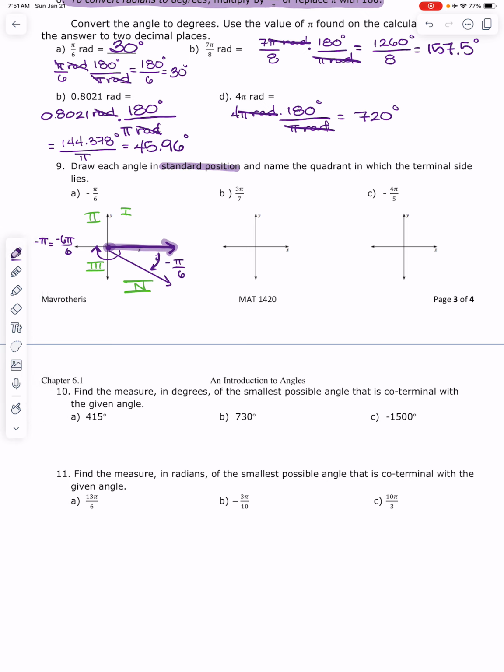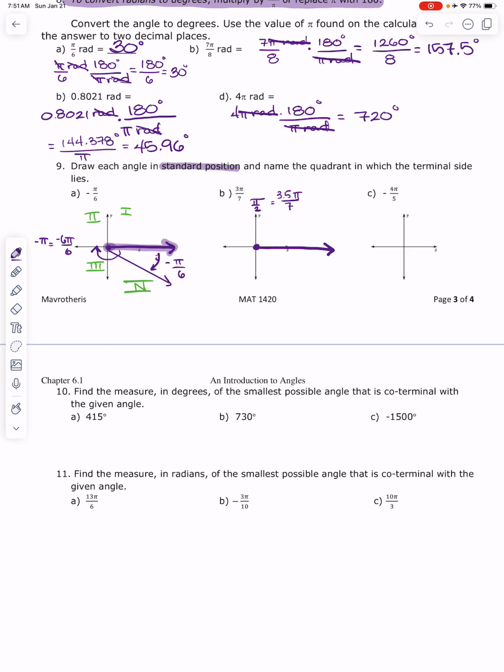3 pi over 7, again, we are starting on that positive x-axis. There's my terminal side. I need to do a little fraction comparison here. I know that 90 degrees is pi over 2. And even though it's not an official way to write it, if I wanted a denominator of 7, I know my numerator would be 3.5, which is half of 7.